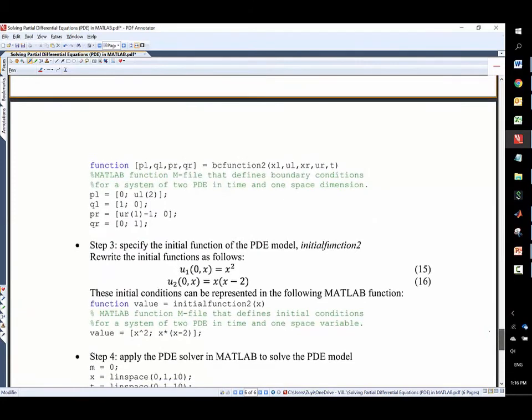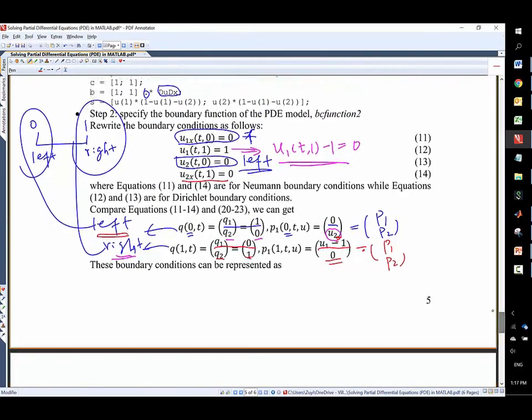So that's why UL 2, L means left. The R means right, and then this is 1 and 2, right? Remember this one is for the left, and this one is to the right.